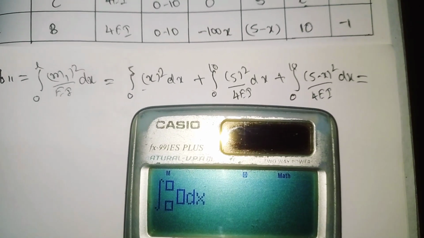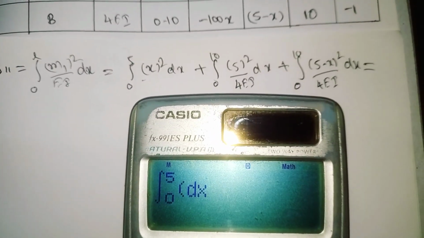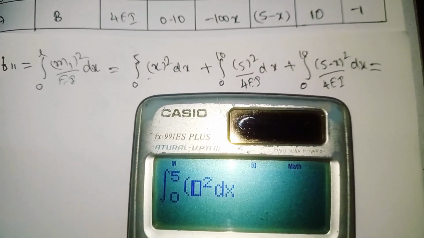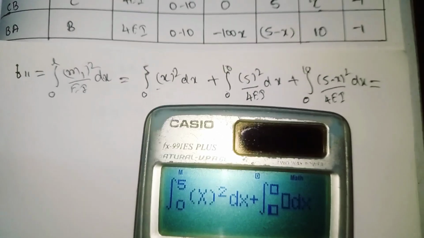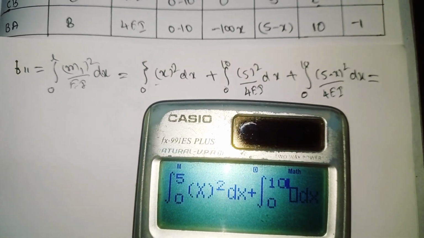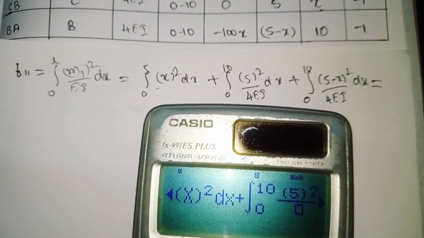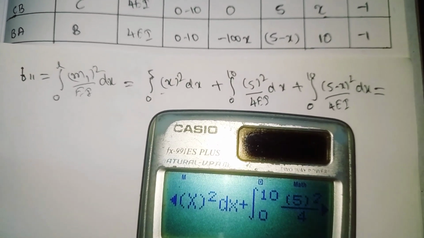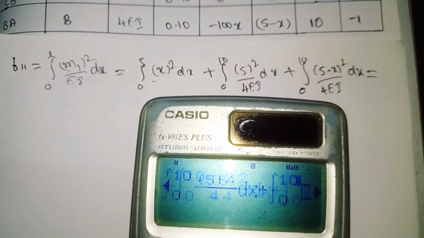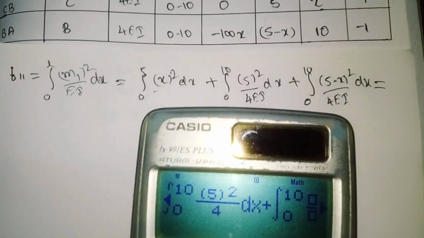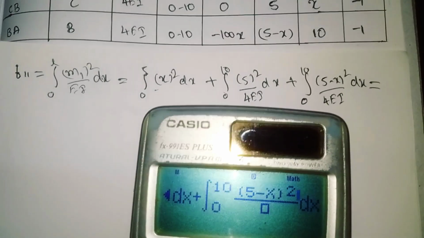So now solve it. Integration of 0 to 5 of x whole square, plus integration of 0 to 10 of 5 square divided by 4 EI, plus integration of 0 to 10 of 5 minus x whole square divided by 4.